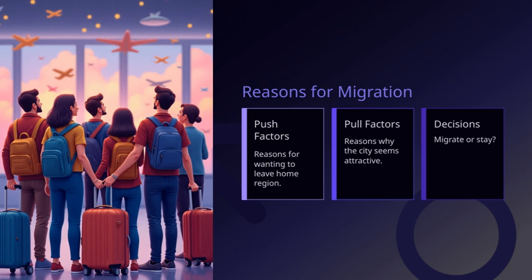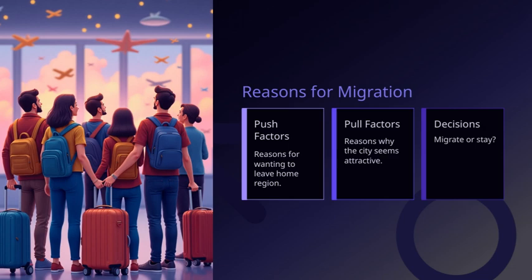On the other hand, there are reasons why someone might want to leave their home region. These are known as push factors, and they could be things like unemployment, lack of resources, or environmental issues. These push factors make staying less appealing and can push people to consider migrating elsewhere.